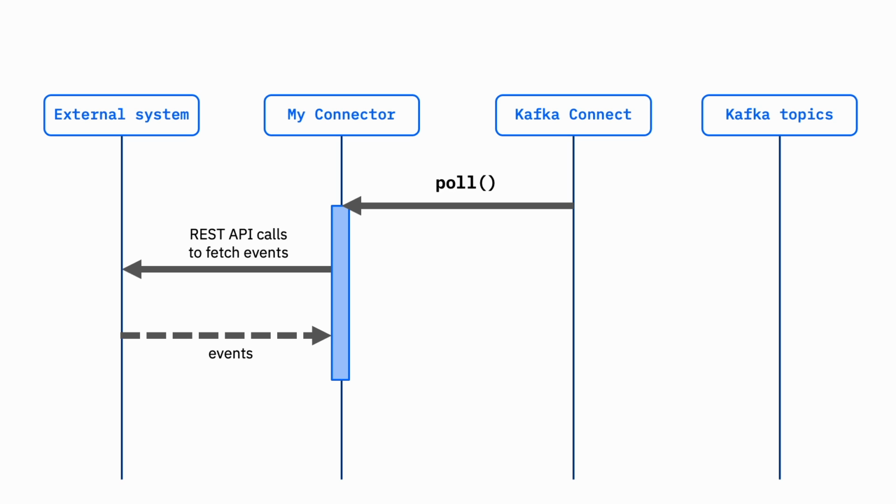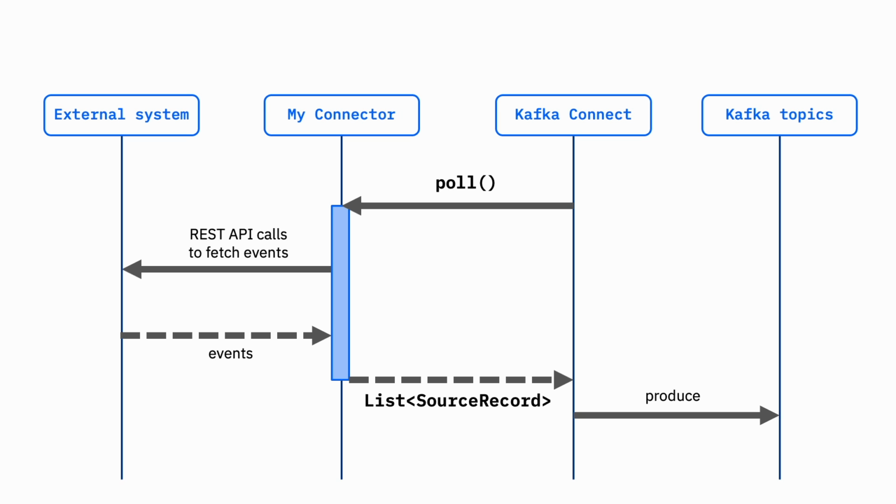And in this case, for my connector, it's going to bring back some JSON. And it's going to need to parse those JSON responses into Java objects. It's going to return those objects to Kafka Connect in the shape that Connect expects. And we'll talk more about that in a moment. And then it's done. The connector doesn't need to worry about anything else.